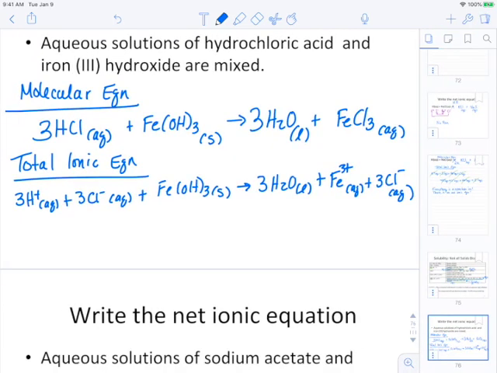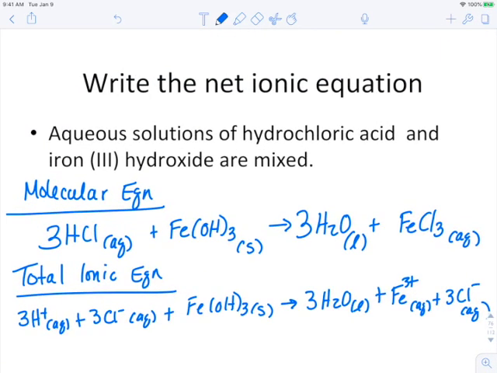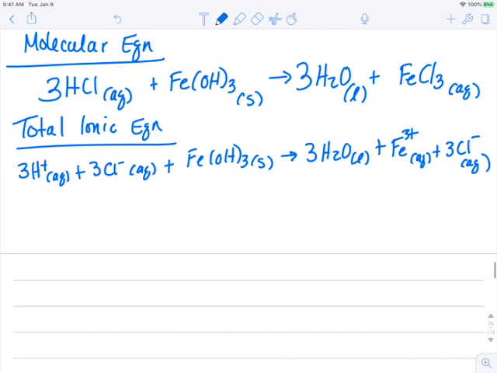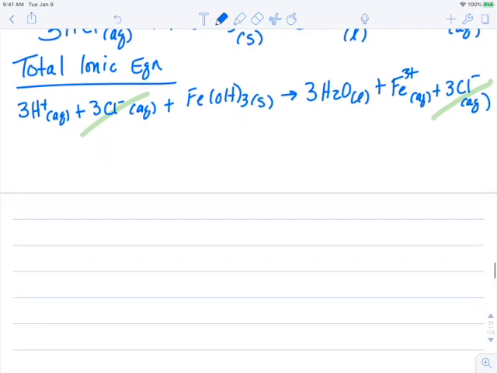All right. So now we're crossing out what we see on the left and again on the right, and it looks like we've got 3 chlorides on both sides, and that is all that we can cross out. So my spectator ion is Cl minus.